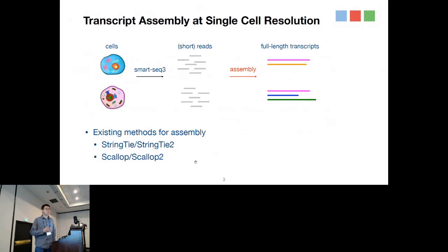The list should be much longer, but I just named two as representatives. Those methods are primarily designed for bulk data, but they can be used to assemble, for example, SmartSeq3 data. But they are not optimized. So our goal of this project is to design a tailored assembler specifically for SmartSeq3 data, hopefully achieving improved accuracy compared with the general assemblers.